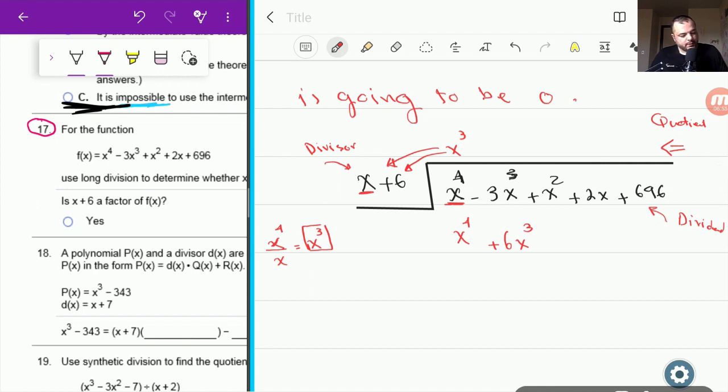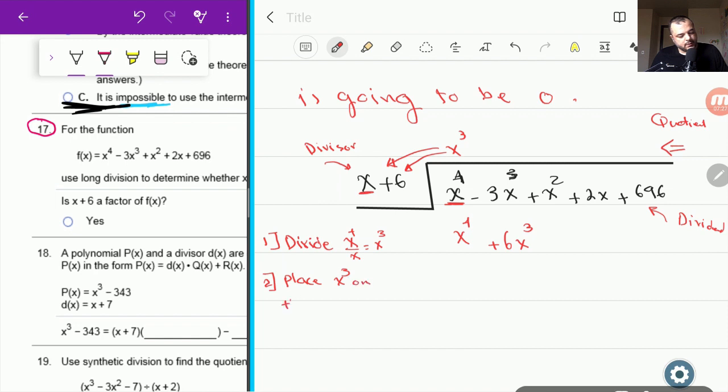So what did I do first? Step number 1, we divided: leading term over the leading term, we got this. Then we place x cubed on the quotient.